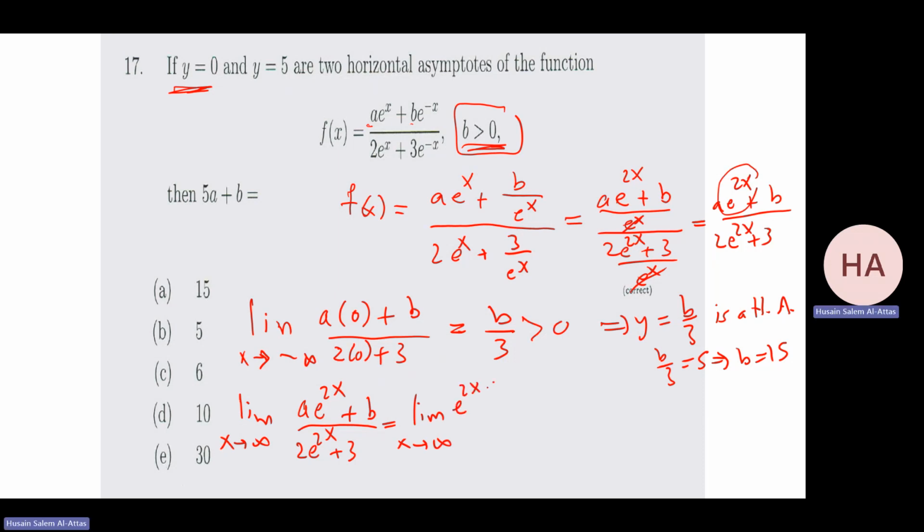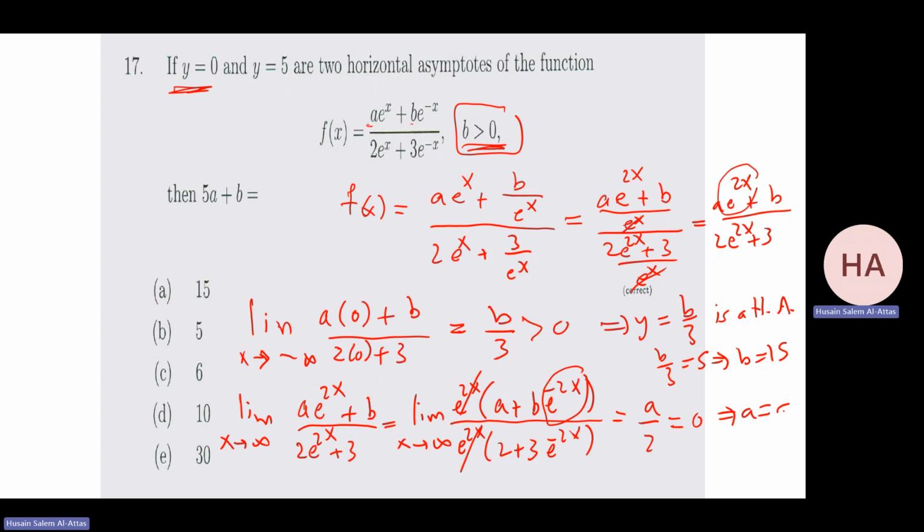It will be a plus b e^(-x), over 2 plus 3e^(-x). Cancelled, substitute, you get a over 2. This one will be 0, as x goes to infinity, e^(-x) is 0. So a over 2 equals 0, which means a equals 0. So I have 5 times 0 plus 15, which is 15, which is this.